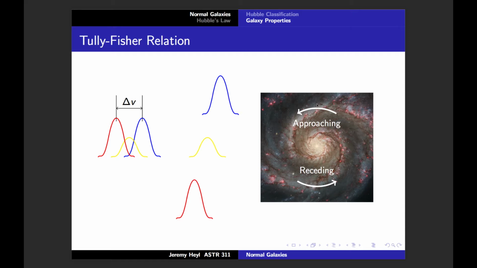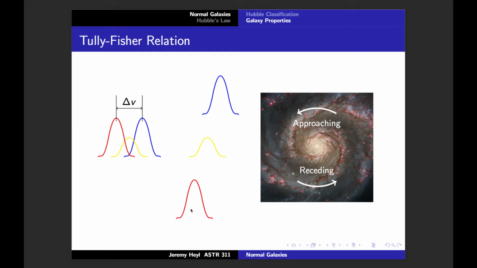This is the same galaxy, M81, it's so pretty. If we look at it from the left, the top part of the galaxy is coming towards us, so that radiation is blue shifted. And the bottom part of the galaxy is moving away from us, so it's red shifted.